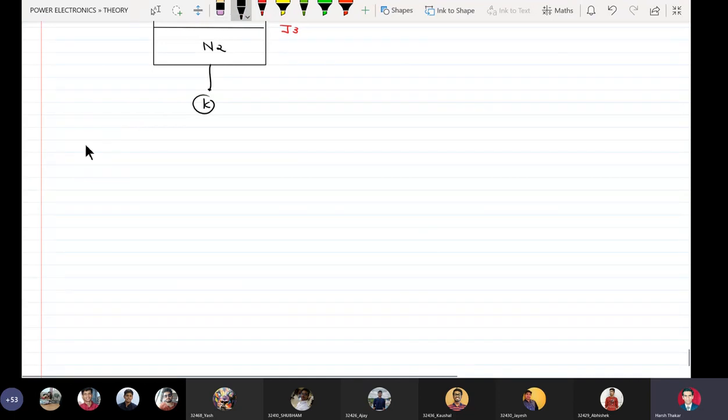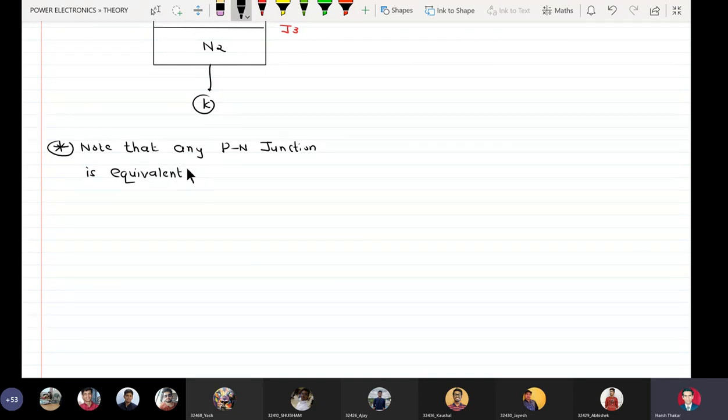So here note that any PN junction is equivalent to R parallel C. All of us know that a PN junction is electrically equivalent to one resistor in parallel with a capacitor.